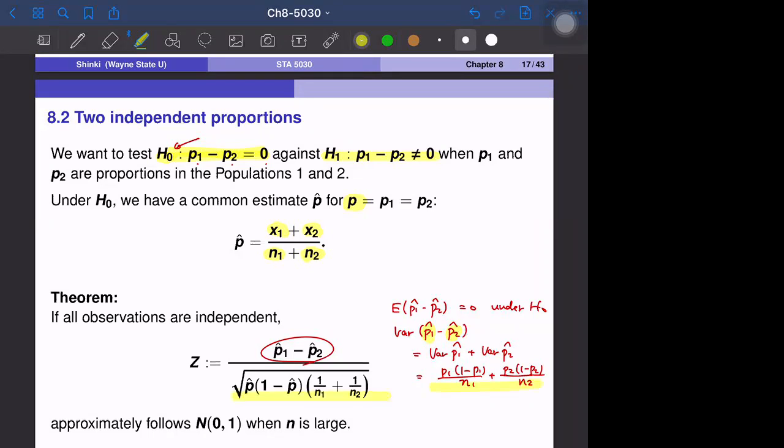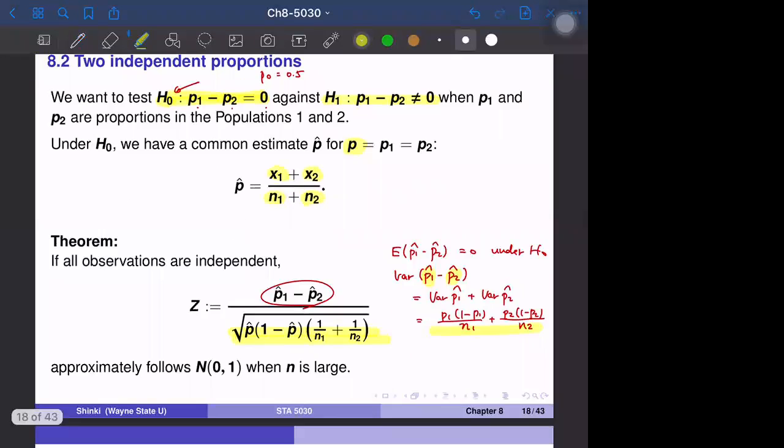For the one-sample test, we have p naught, and the assumption is that p naught equals 0.5 or something, so we can directly use that number. But here, we only assume that p1 equals p2, and we don't really know what p1 or p2 is. So we have to estimate p hat and plug it into this formula.